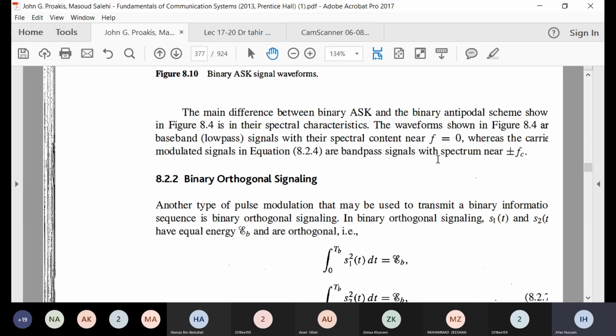So he says that the low pass signals, we know their content is around F0, while the high part contents in this binary ASK, their spectra will be located around FC, because you can see it has been modulated by cos 2 pi FCT, so it will be going around FC.